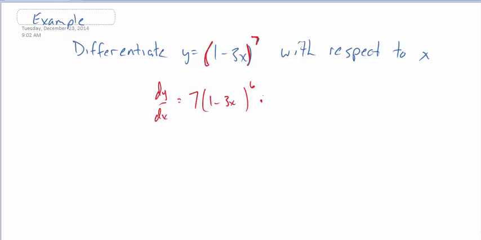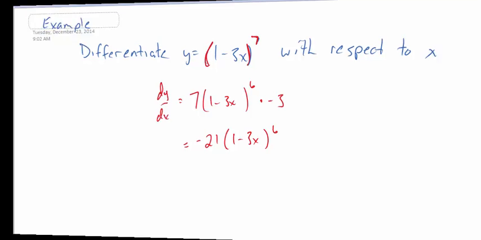Times, since that stuff in there is more complex than just x, since it is another function, we have to differentiate it. Well, what's the derivative of 1 minus 3x? It's negative 3. So our derivative cleaned up is negative 21 times (1 minus 3x) to the 6th.